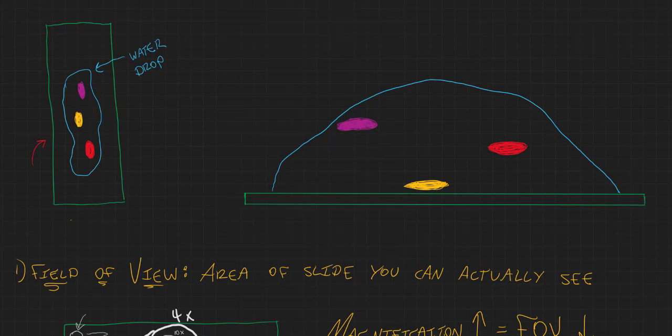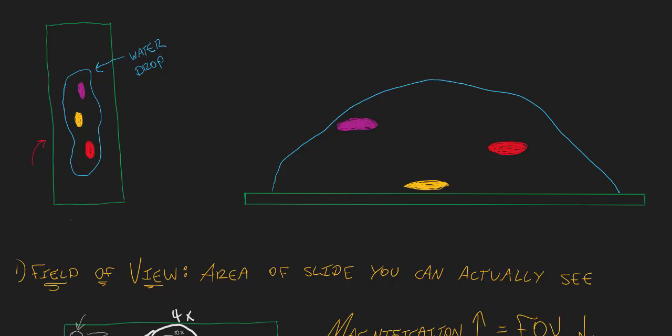Now, here's what I want you to see. Notice on the diagram on the right, again, that we have vertical locations on our droplet of water. So we don't just have objects that are further to the left or further to the right. We also have objects or organisms that are located higher up or lower down.